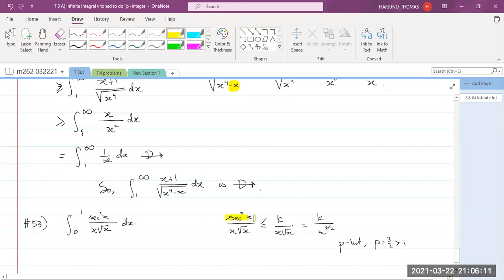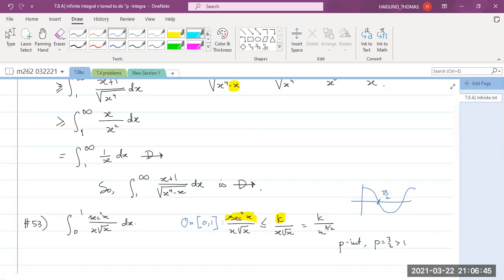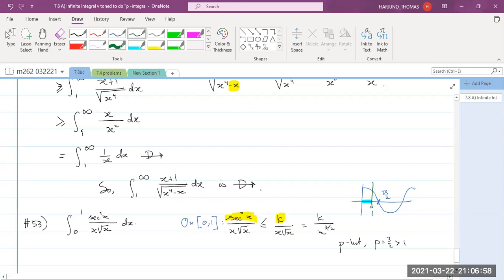So we look back, secant square of x can be bounded above by what number k on that interval 0 to 1. Now we know that the graph of cosine is like this, right? This is pi over 2. So 0 to 1 will be approximately from here to somewhere here. But that's for cosine.